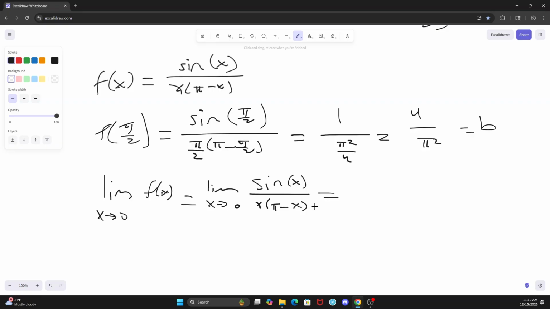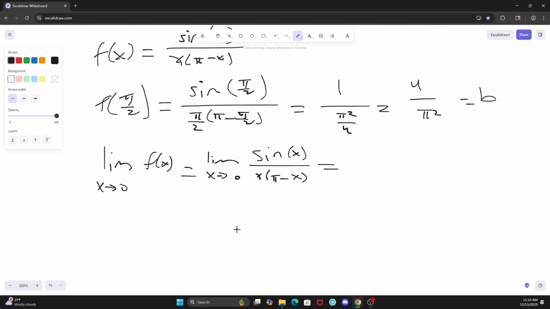And if you've taken an analysis course or a physics course, you might have seen that for very small x, sine of x behaves very similar to x.